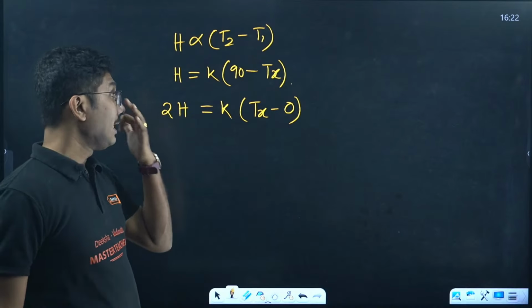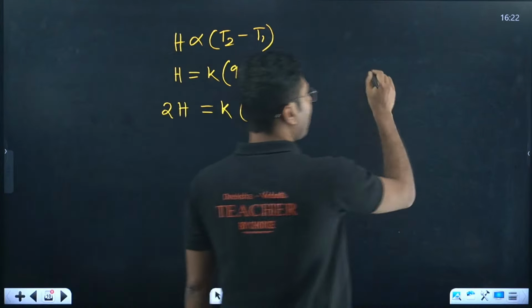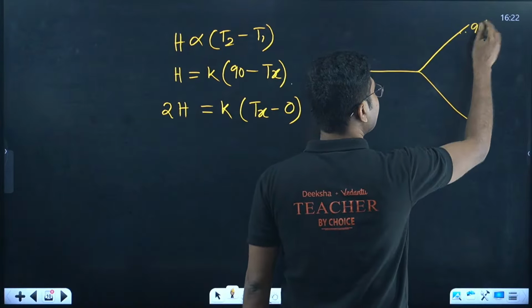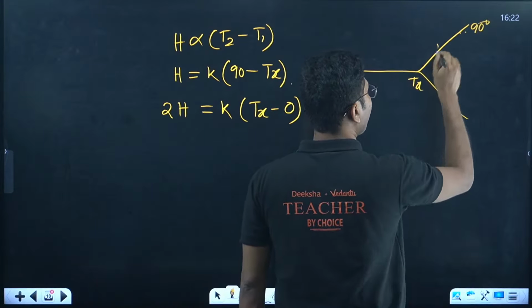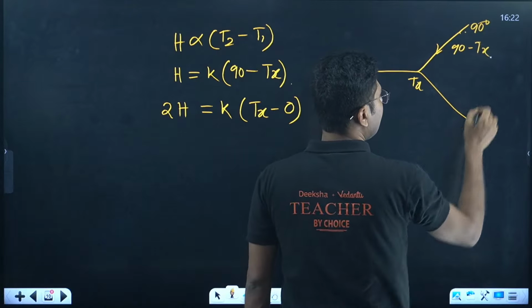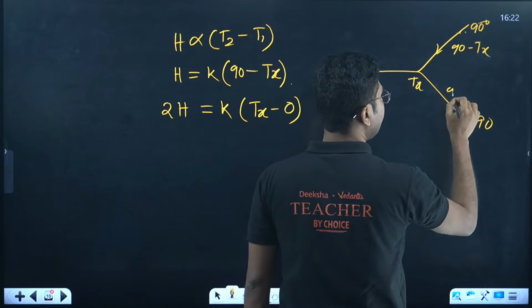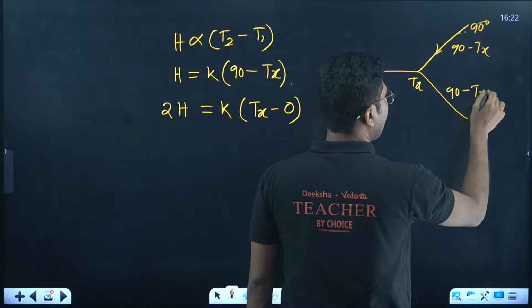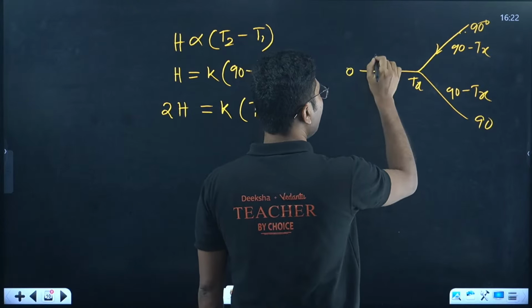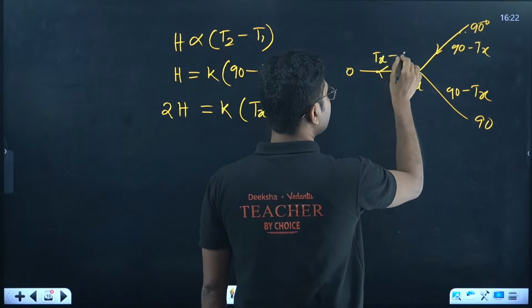Why? Because for the first two rods, we have 90 degrees here and Tx here, so it will be 90 minus Tx. This is also the same, so 90 minus Tx. And here it will be Tx and 0, so Tx minus 0.